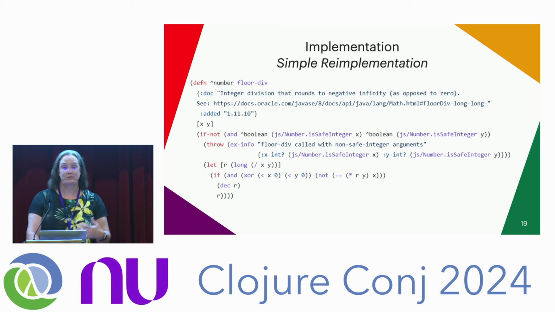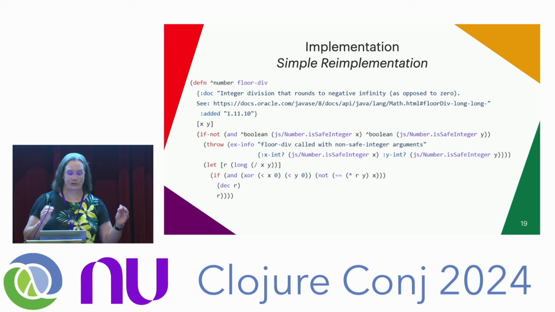Again, more operations which didn't seem too hard. This is getting to the point now where I don't have functions in JavaScript, but I can re-implement them myself. So this is for division. Not too hard. We have to do a little bit of work pulling out elements of the properties on the various numbers, and once we know that they meet certain criteria, we can look for the bounds, ranges of them.